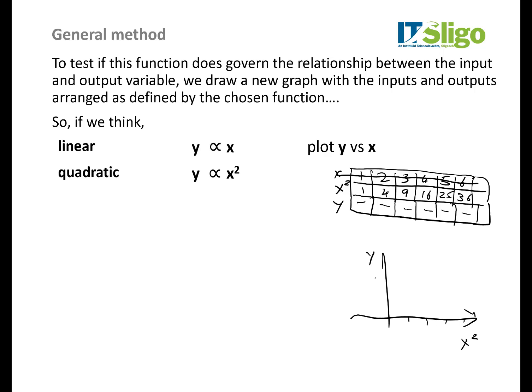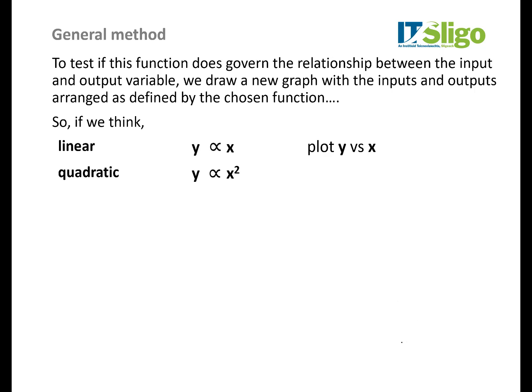versus y. When we plot this new graph, and if we get a straight line, that verifies that y is proportional to x squared, which means the relationship between x and y is a quadratic. Conclusively, there's no doubt about it. So that's what I mean when I say plot y versus x squared.